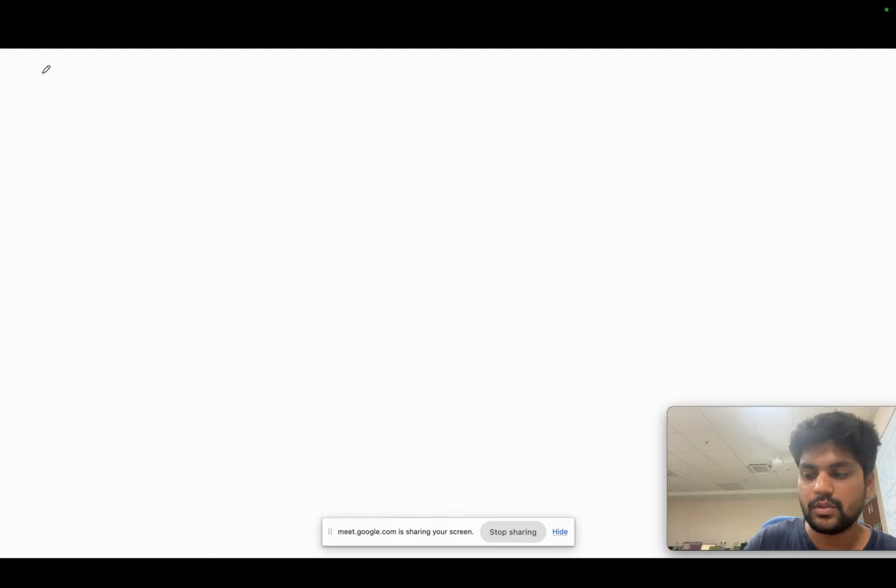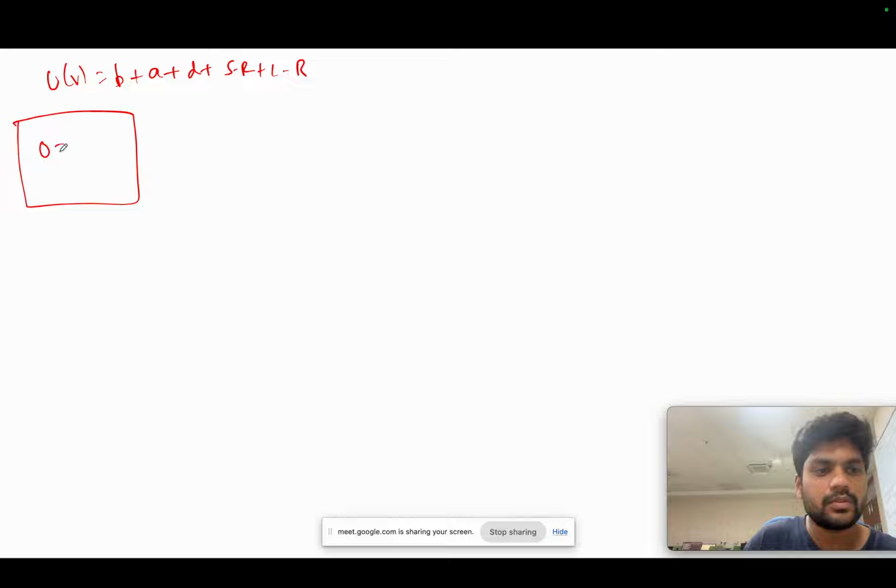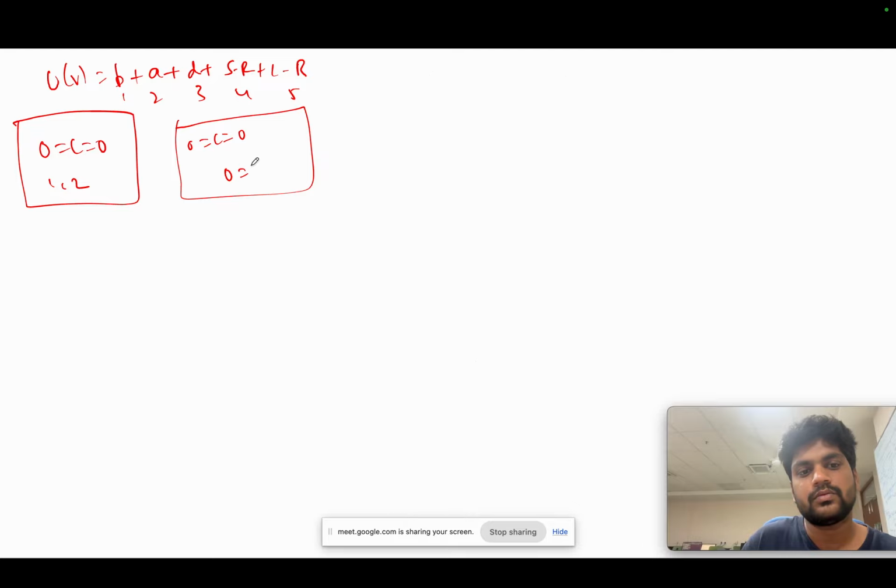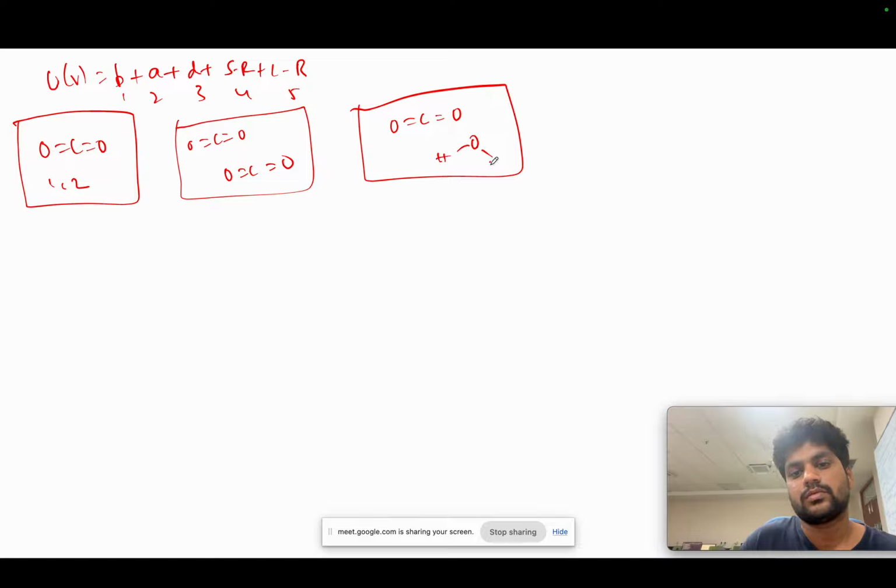Yeah, we have two molecules. Say suppose, 1 second, I will write the formula: bonds plus angles plus dihedral plus short range plus long range. So if I have only one molecule like this, we have taken say 1, 2, 3, 4, 5, 1, 2. Now say suppose we have like this, and I will get third case also.